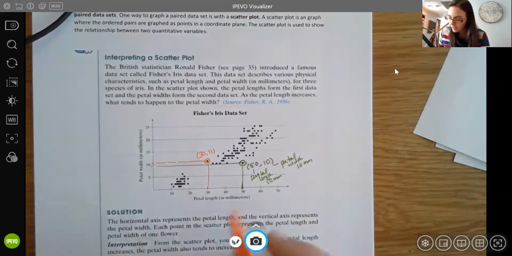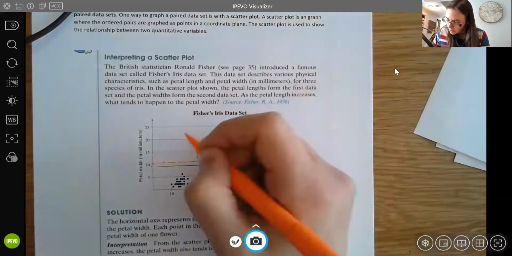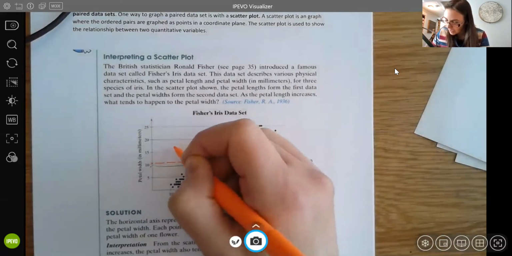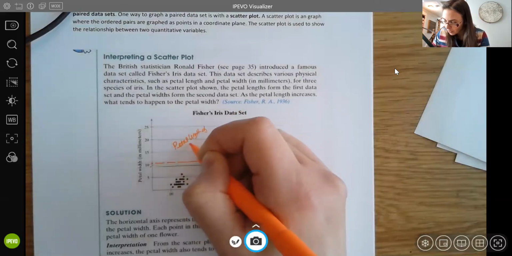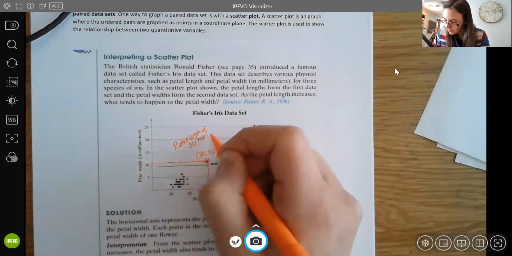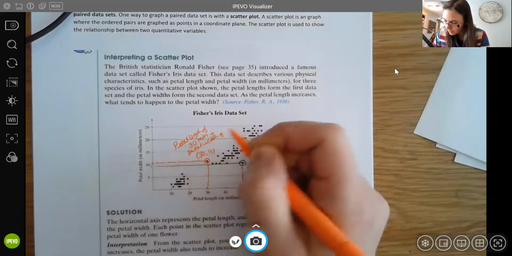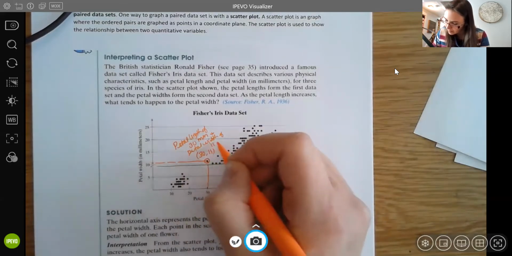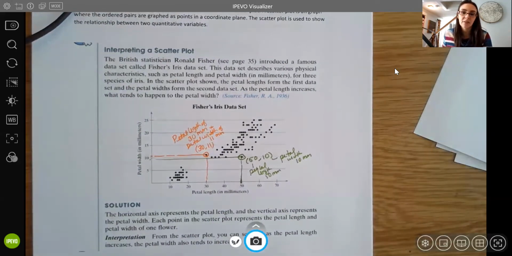So what I'm seeing here is the 30 represents the petal length. So this flower has a petal length of about 30 millimeters, and it has a petal width of about 11 millimeters. Okay, so each of these points in this case represents a different flower where we've charted their petal length with their petal width.